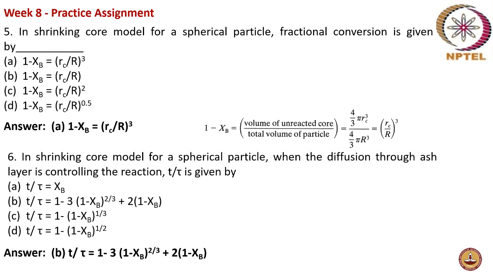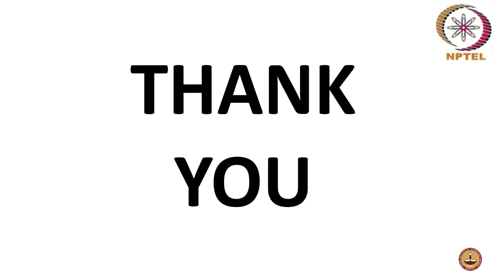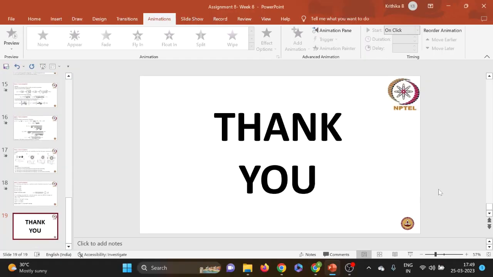And option D is for a different shape of particle, I think a cylindrical particle. Okay, so I hope you understood the session. So that's it with the session. Thank you. Do you have any other doubts?